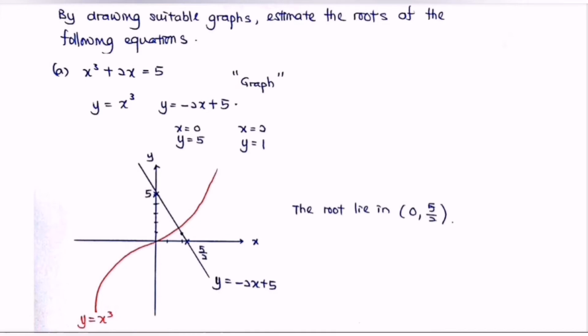So kindly refer to the question. A. Given the function x to the power of 3 plus 2x equals 5. If we are focusing on graph sketching, my suggestion is to split the graph into two parts so that my life will be easier in order to estimate the roots.